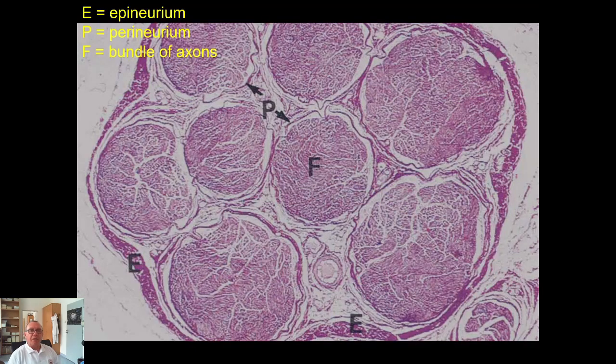This is a big nerve, cross-section of a big nerve composed of several axon bundles. Each of them is surrounded by perineurium.